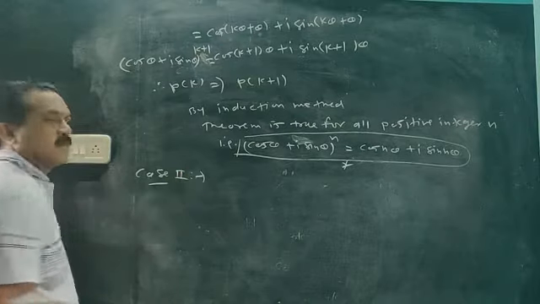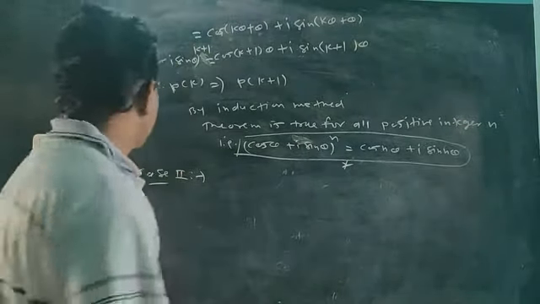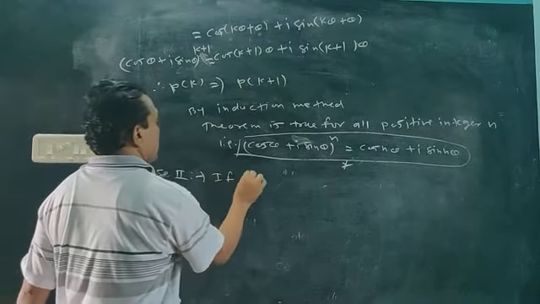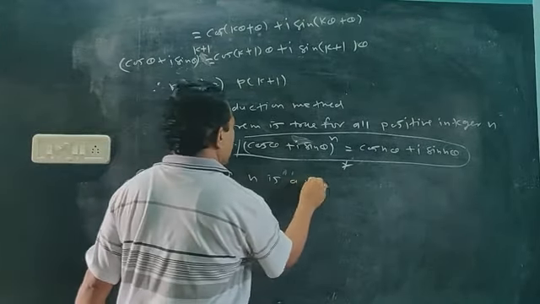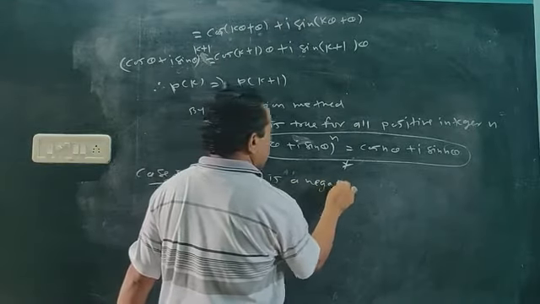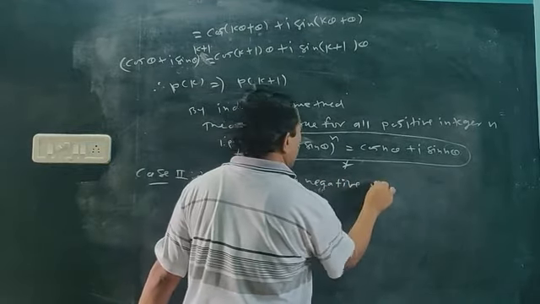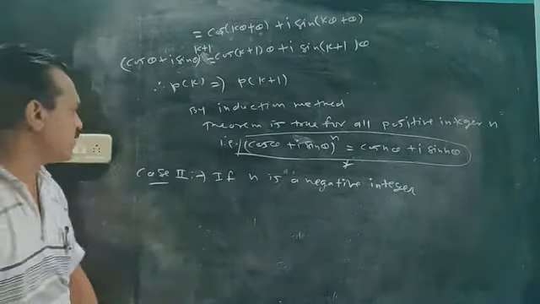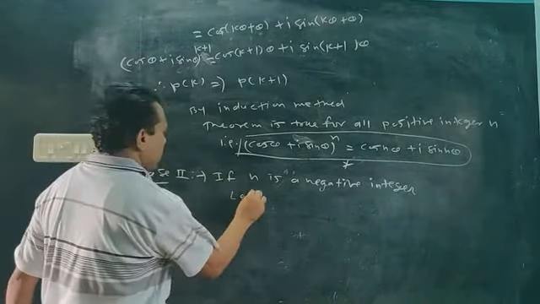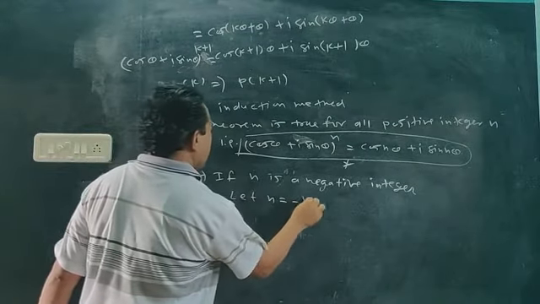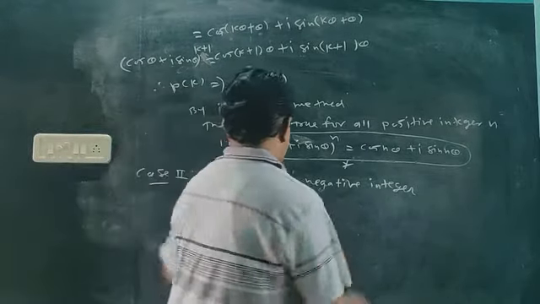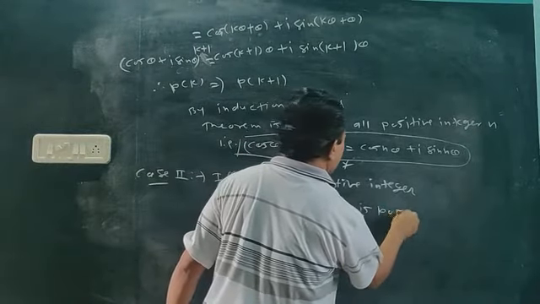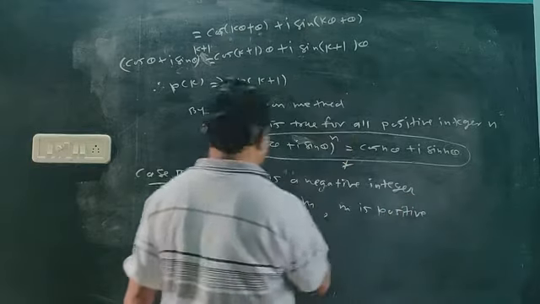Now case number 2, the second case, the negative case. If n is a negative integer, say n is minus m. Of course m is positive here, since negative and negative becomes positive.